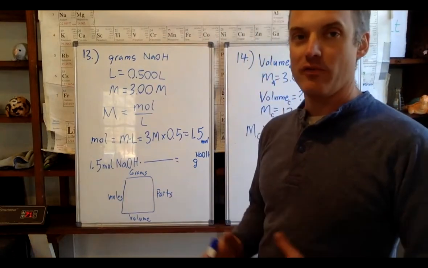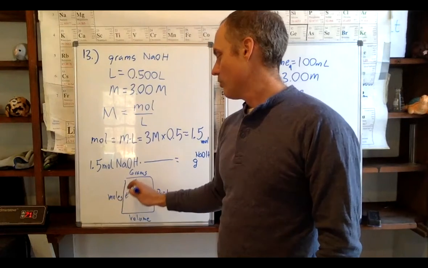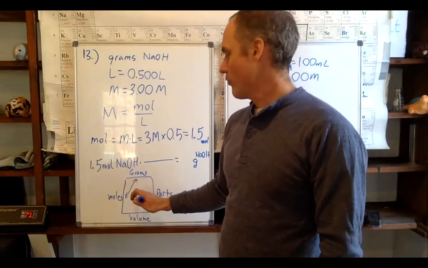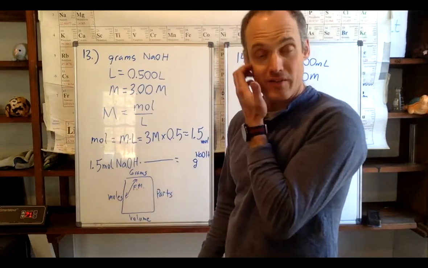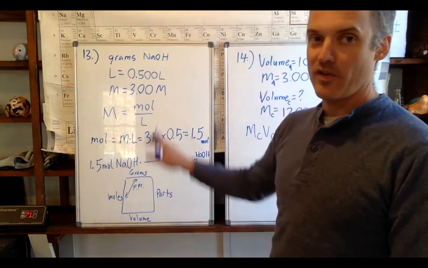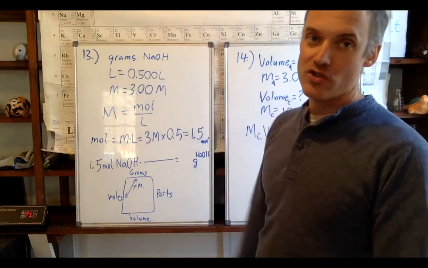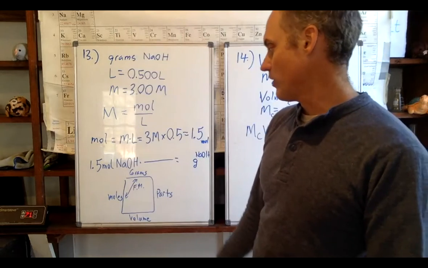And we had a way to convert between each one of these. The conversion between moles and grams used the formula mass, or FM. Formula mass is different for everything. We have to calculate the formula mass for specifically NaOH. So we're going to use our periodic table to find the formula mass of that.